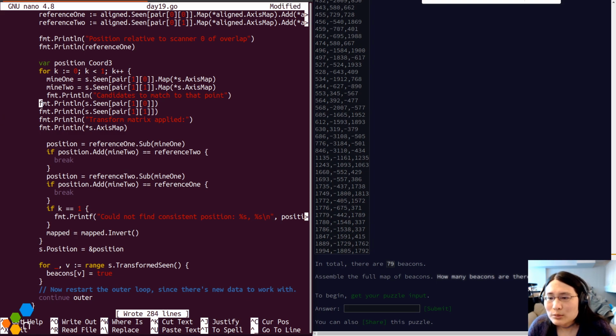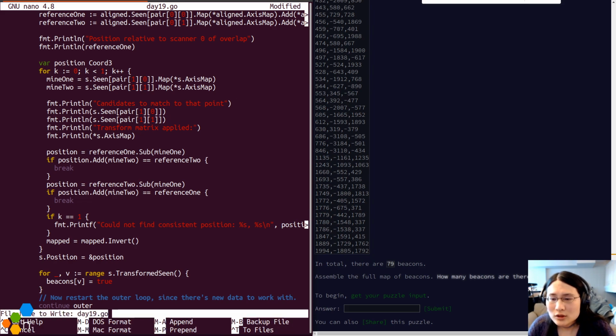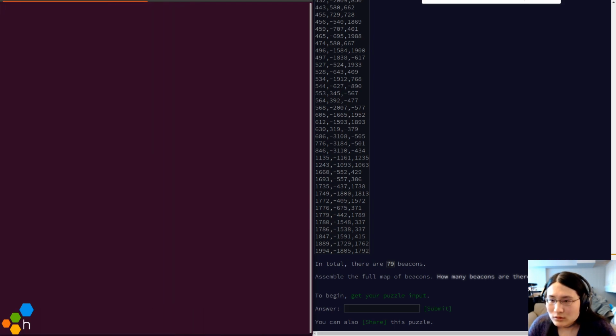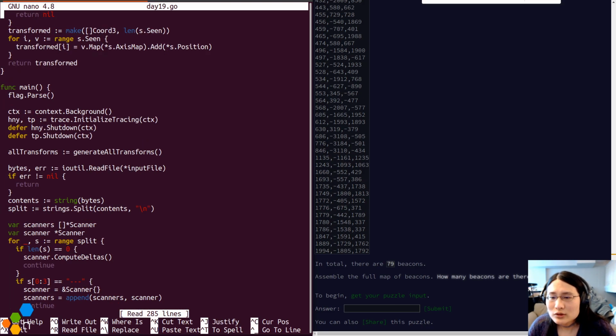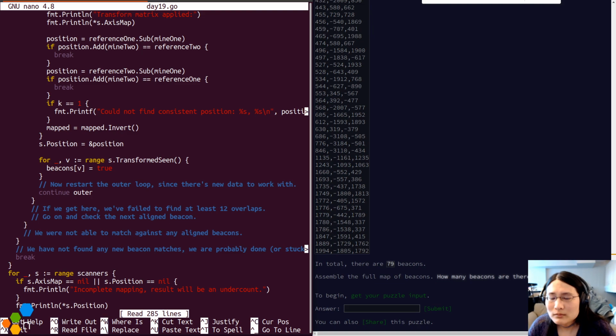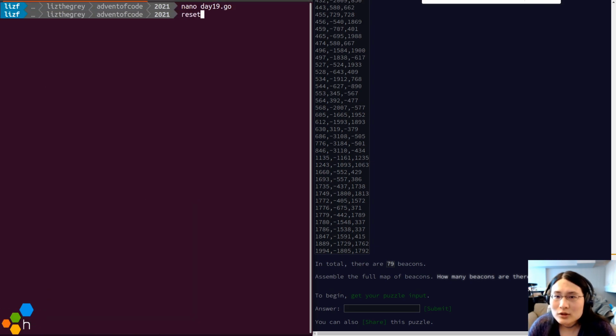Just put this debug stuff in here. Is that loop supposed to loop? Oh, yes, that loop is supposed to loop, so that is actually a good call. There we go.